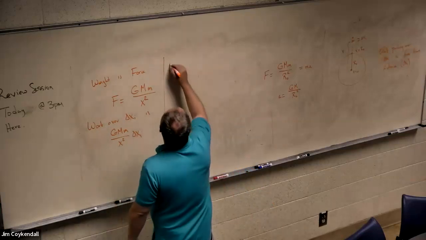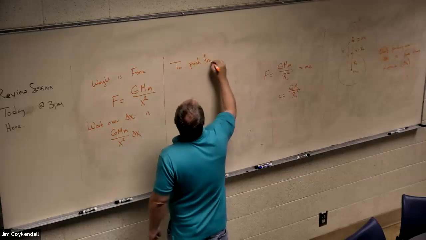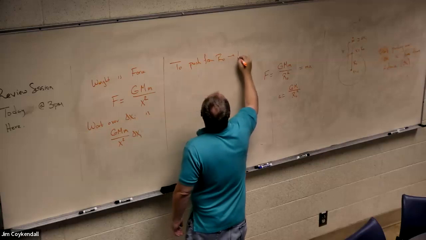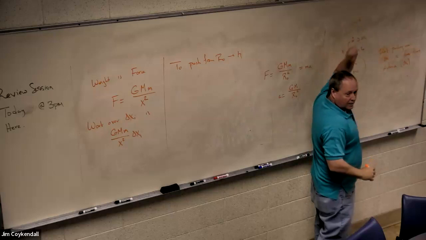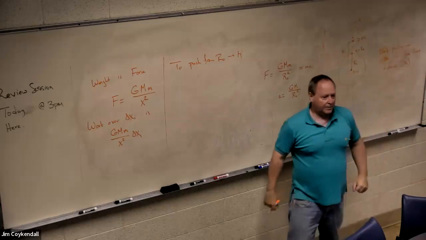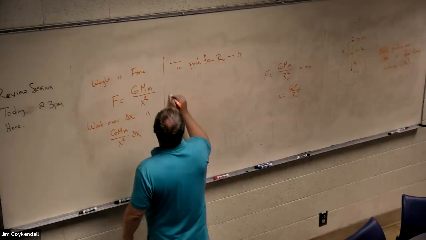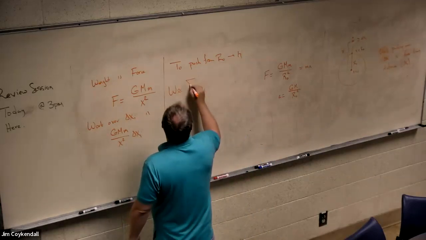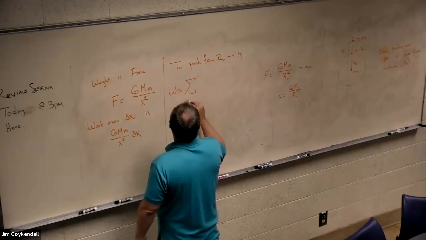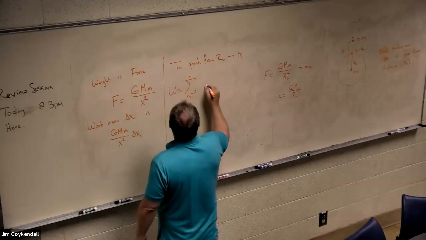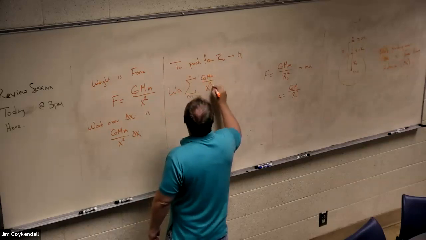Well, I add up all the works. Work done is approximately the sum of GMm over x squared delta xi.